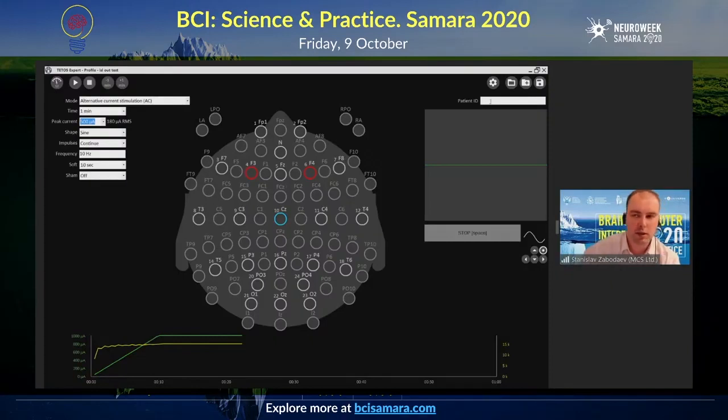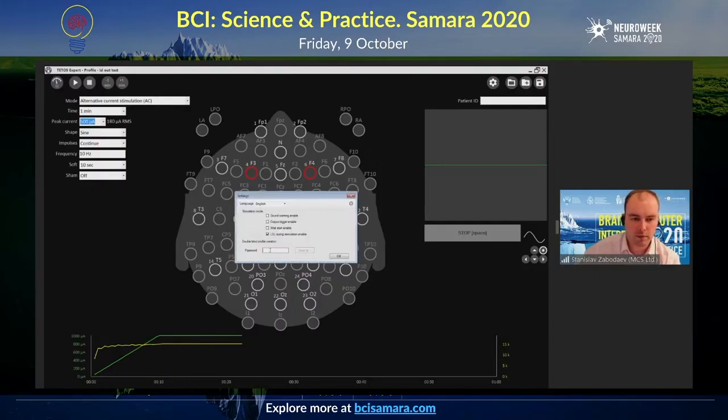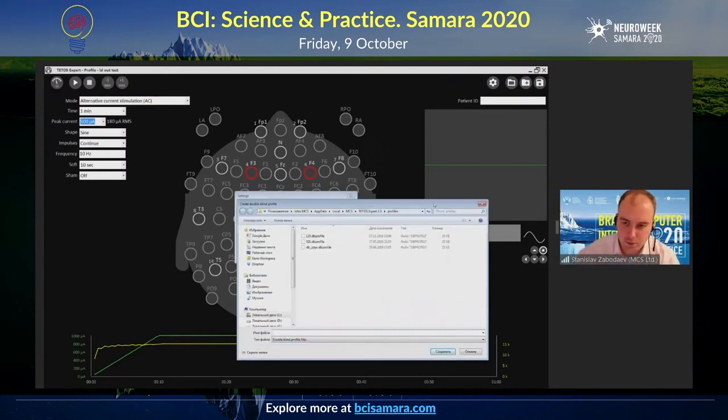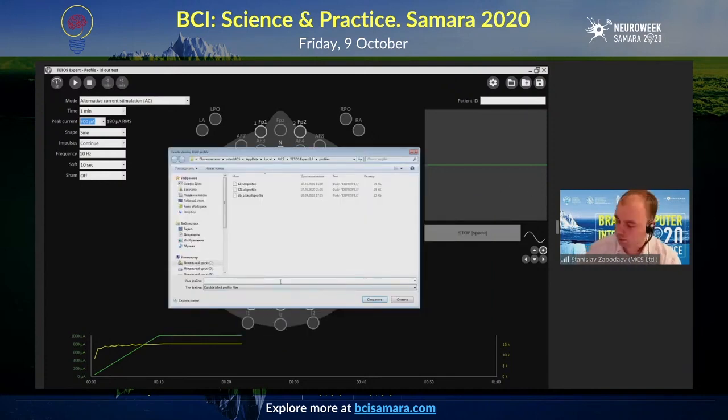And there's also the mode of sham stimulation. For example, this password 1, 2, 3, 4, 5. We save it. Then we select the name for the profile for double blind stimulation. Let's say it's depression. We save it.